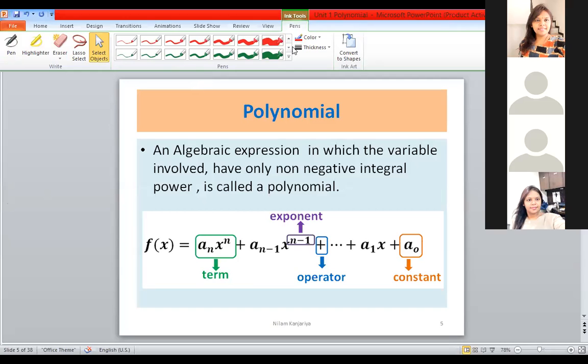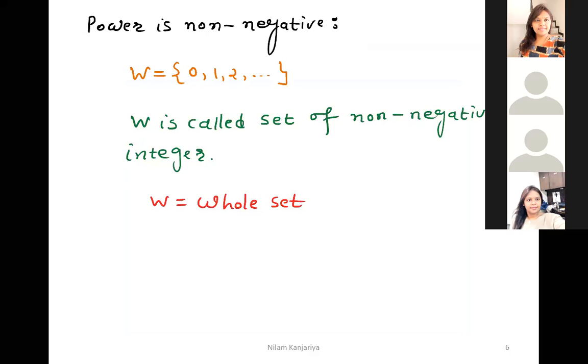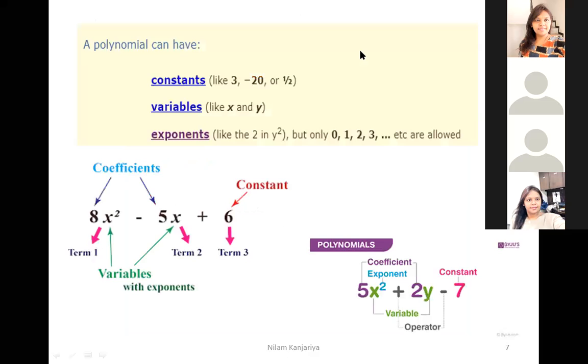The second one: a polynomial is just an expression where any element whose power is from the whole numbers is known as an exponent.